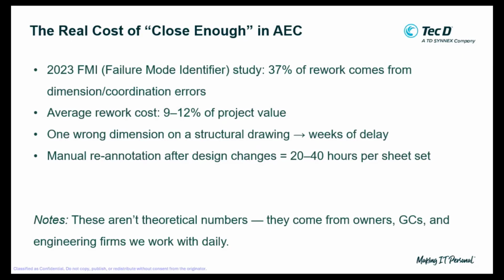One wrong dimension on a structural drawing means weeks of delay, and manual re-annotation after design changes equals 20 to 40 hours per sheet set. These are not theoretical numbers. They come from owners, GCs, and engineering firms we work with daily.